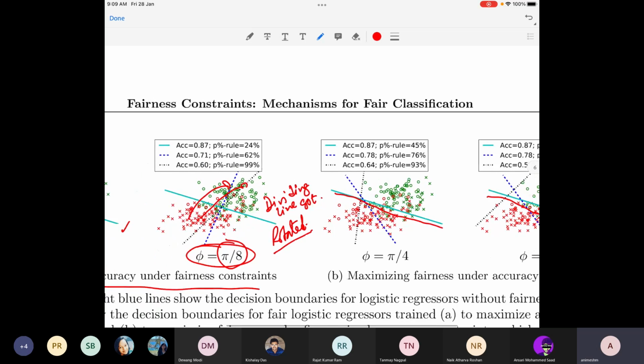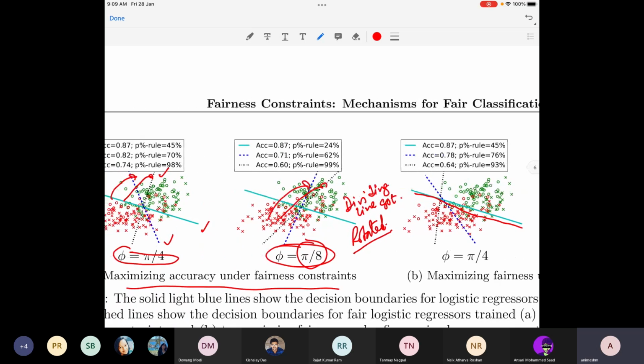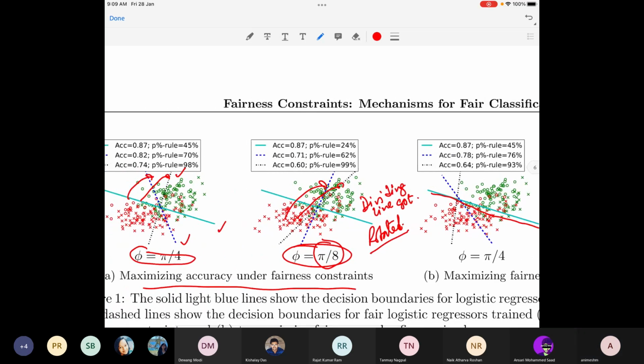So if I try to place these two pictures side by side, this one and this one, don't you see any difference? It's the same set of data points. No one sees any difference.